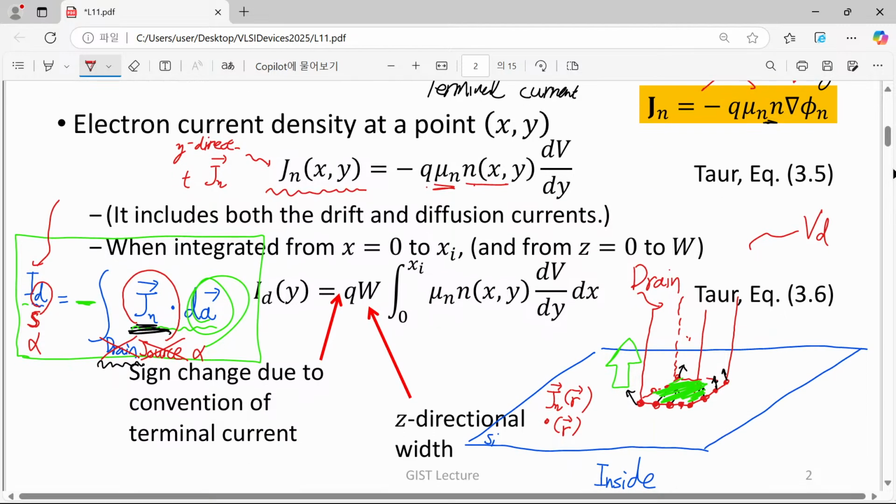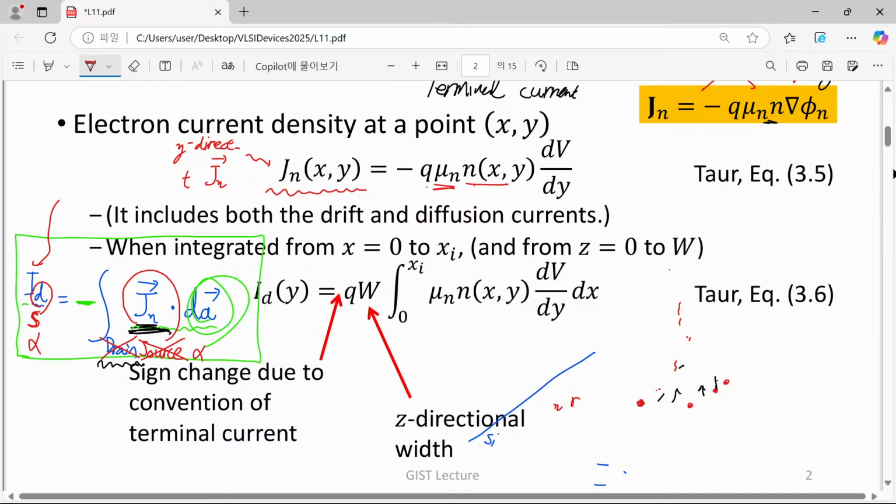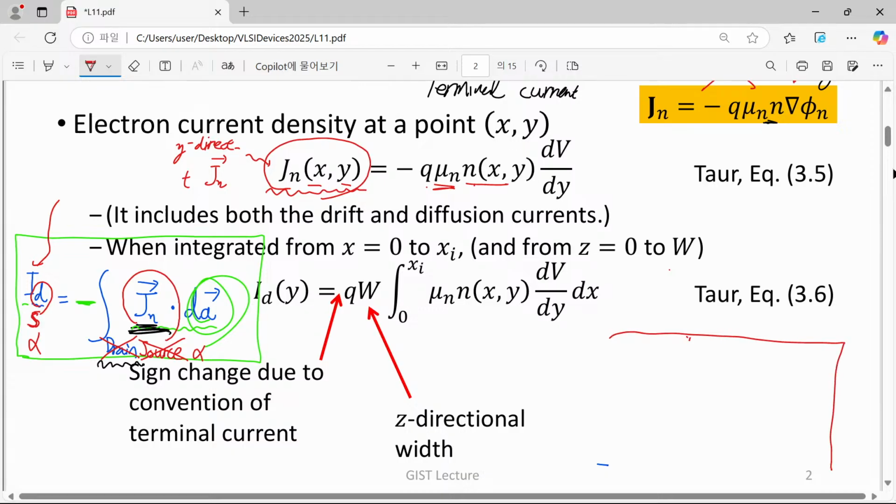Then please allow me to explain a little bit further about this equation, equation 3.5. It says that this is a function of two positions. So let me just draw the two-dimensional structure once again. Let's say that this is y equal to 0 and this is y equal to L: source end, drain end.